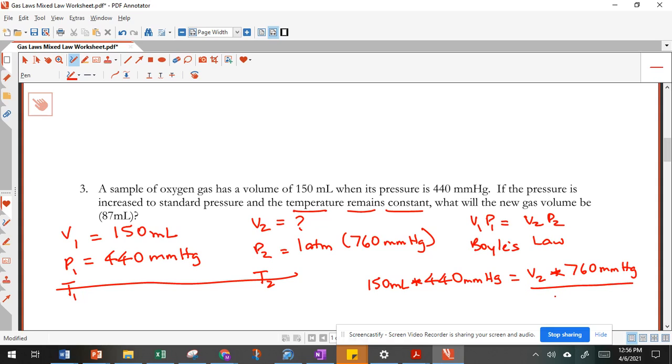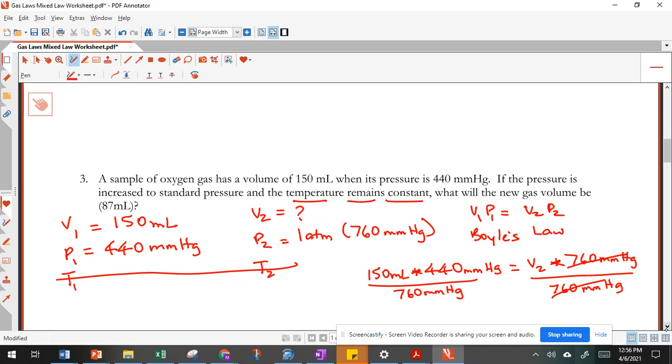We're going to divide by 760 millimeters of mercury on each side of our equation. Okay, so this will get rid of 760 millimeters of mercury. So now we're going to take 150. You notice that millimeters of mercury cancel out, so we're going to do 150 times 440 divided by 760.